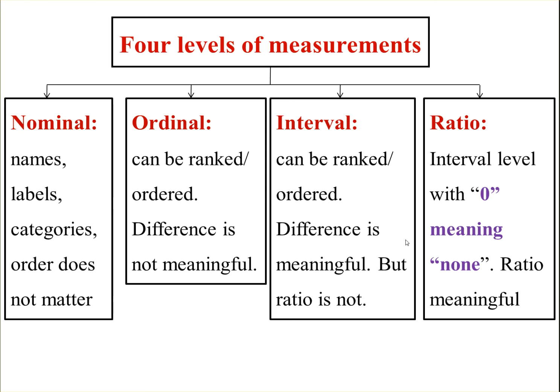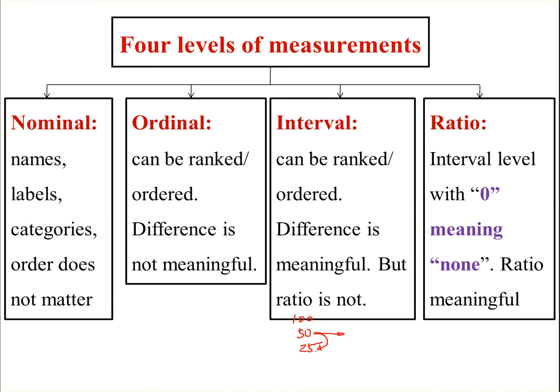Now for interval, it's gotta be a number. Interval and ratio, that you will see numerical numbers. Now it can be ranked. The difference is meaningful, but ratio is not. One example is the temperature. Think about the temperature 50 degree and 25 degree and say 100 degree. So now 50 degree is twice as much as 25.